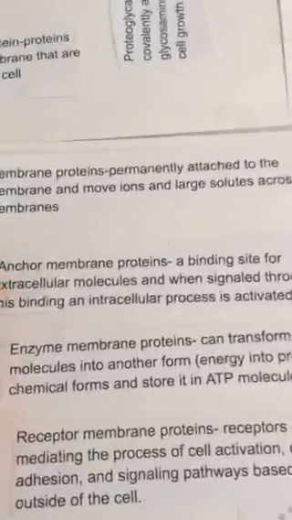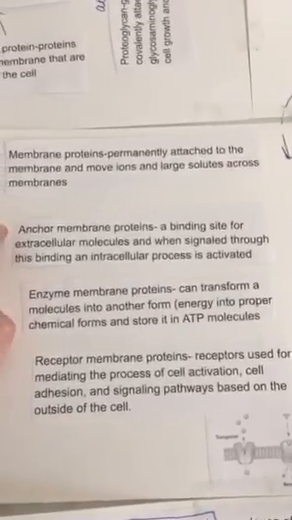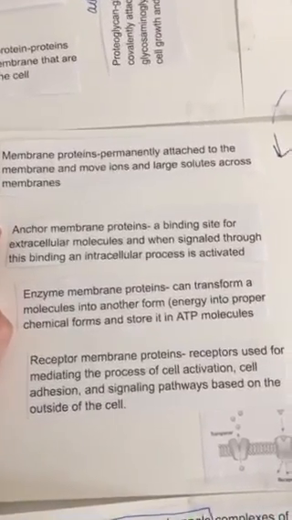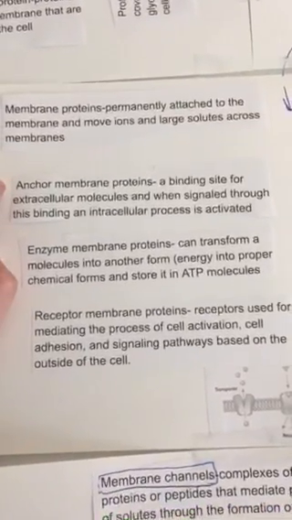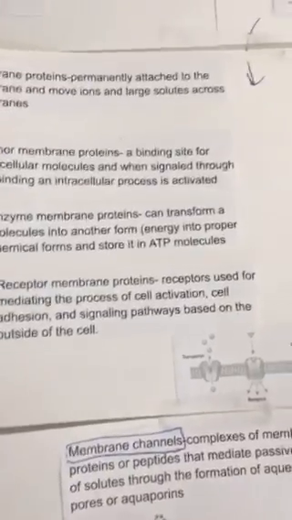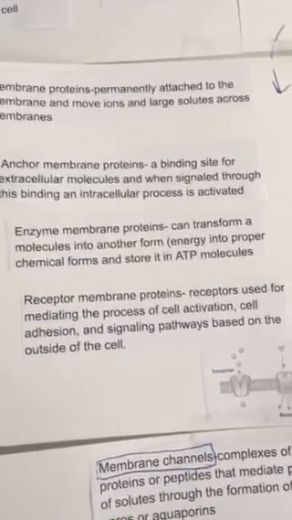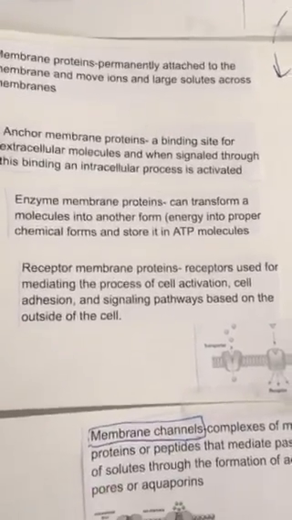An anchor membrane protein is a binding site for extracellular molecules, and when signaling through this binding site, an intercellular process is activated. Enzyme membrane proteins can transform molecules into different forms. Energy is an example of this, transformed into proper chemical forms to store it in the ATP.